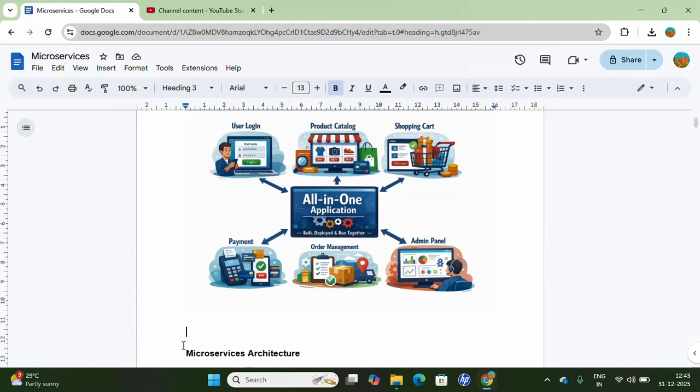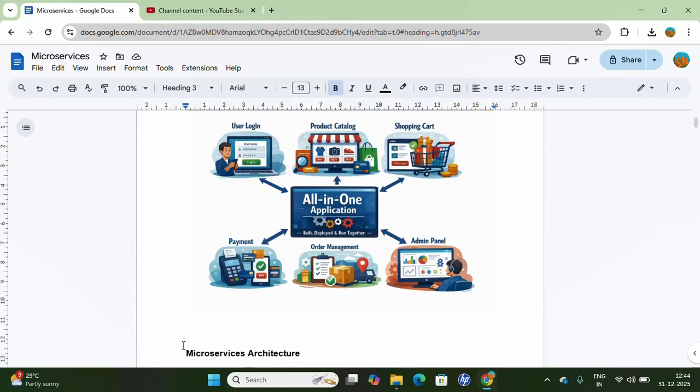Now if one service wants to interact with another service, let's take an example: payment and order management want to interact with each other. In a normal monolithic application, they interact as function calls, like method calls.